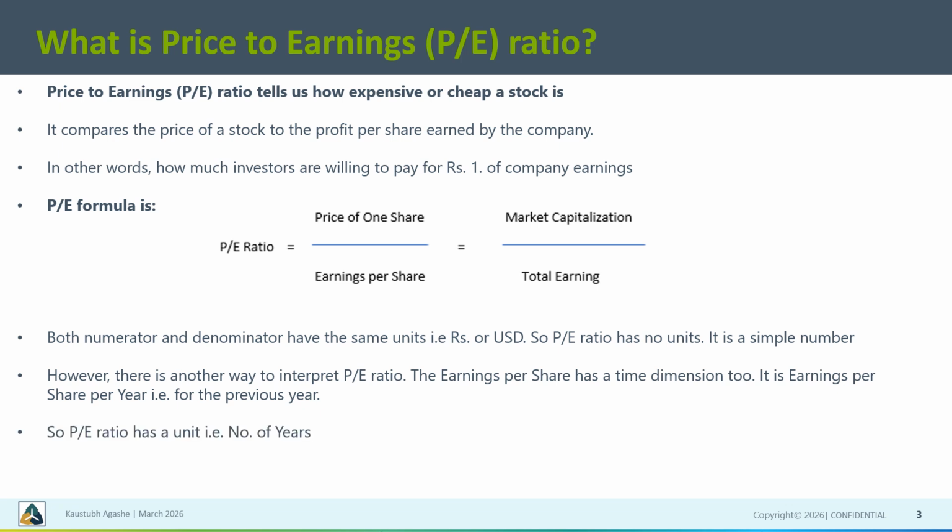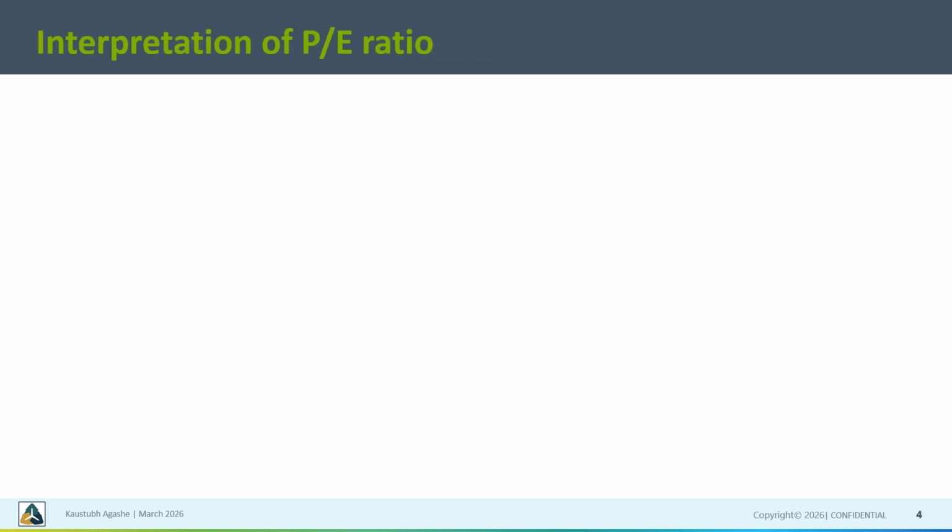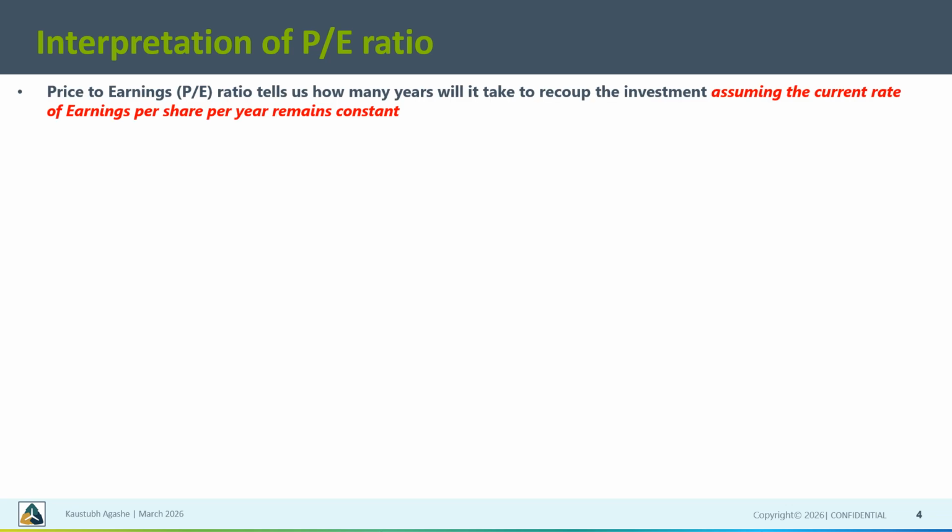So P/E ratio has a unit, that is number of years. The way it can be interpreted in this manner is P/E ratio tells us how many years will it take to recoup the investment, assuming the current rate of earnings per share remains constant.